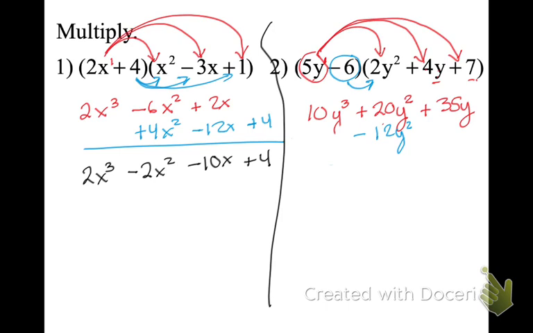See what I almost did? I almost lined it up under y to the third because it's early. Here I'm going to have negative 24y, and then negative 6 times positive 7 is plus 42. Now I'm going to, I have 10y to the third.